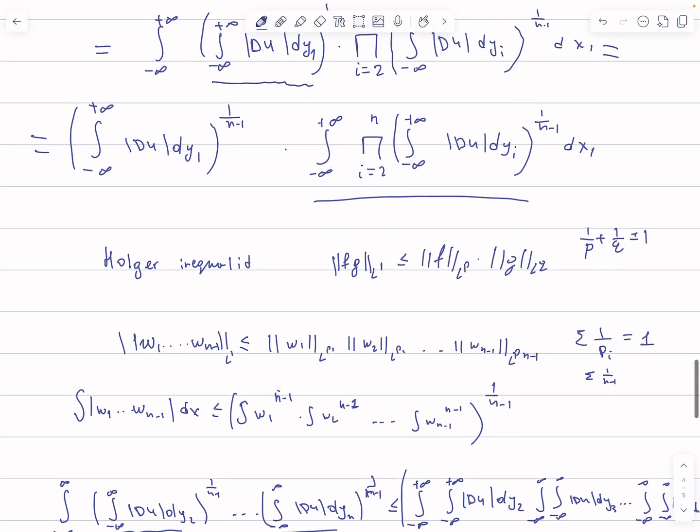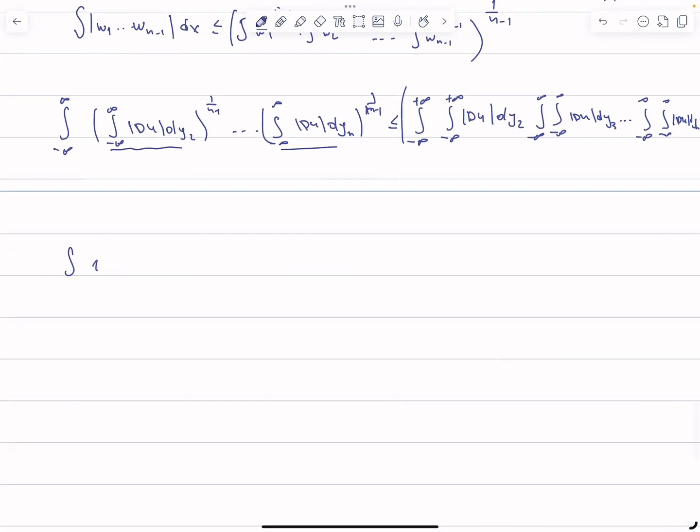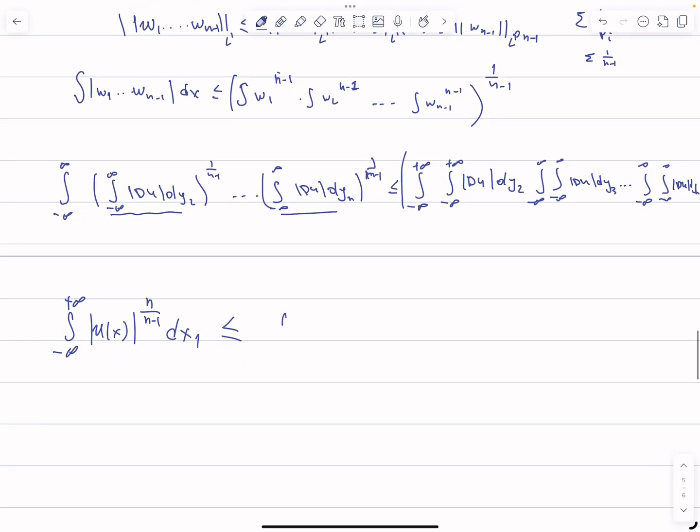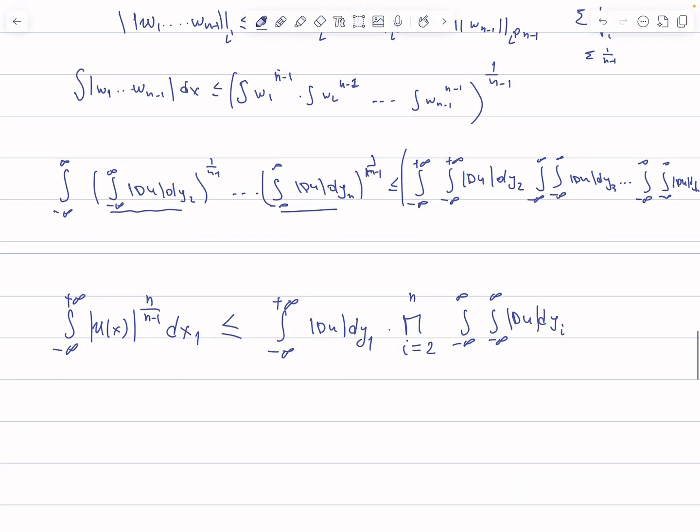So we got eventually that the integral of u(x) to the power n over n minus 1 dx1 is less or equal than the integral of du dy1 times the product for i from 2 to n of the double integrals du dyi, all of them in the power of 1 over n minus 1.